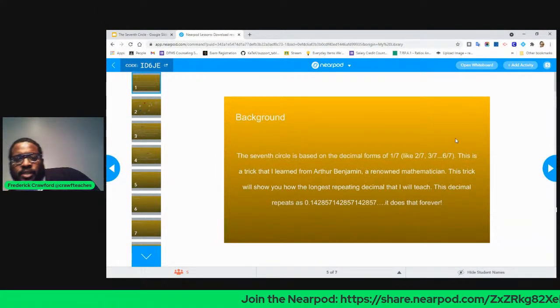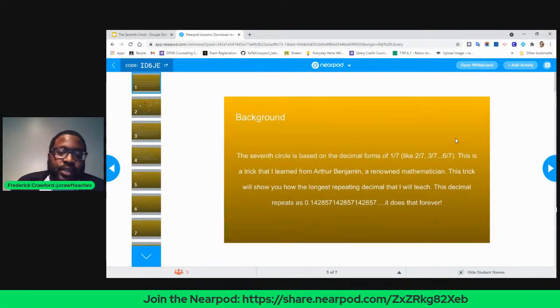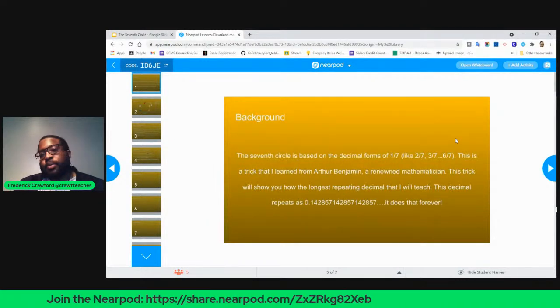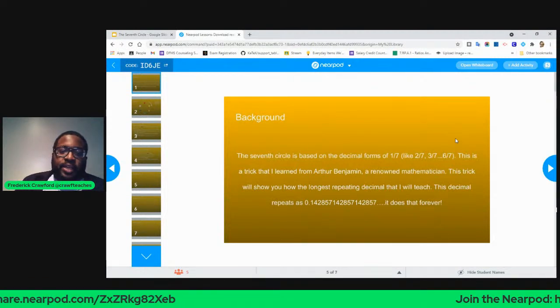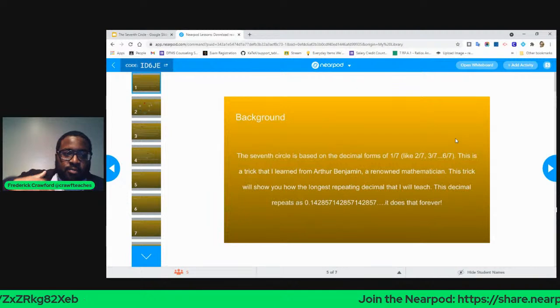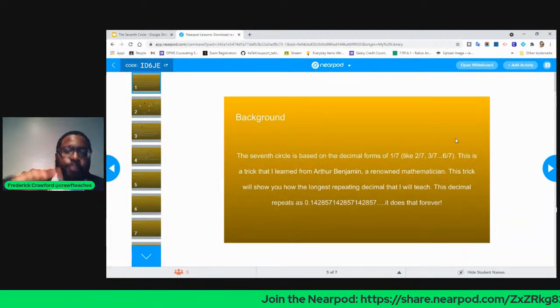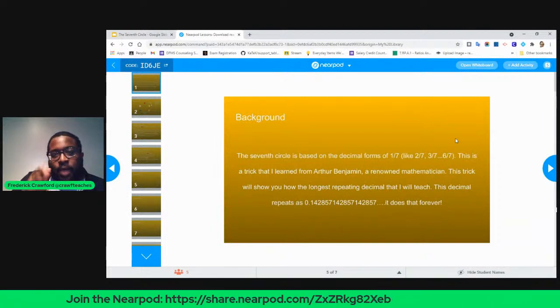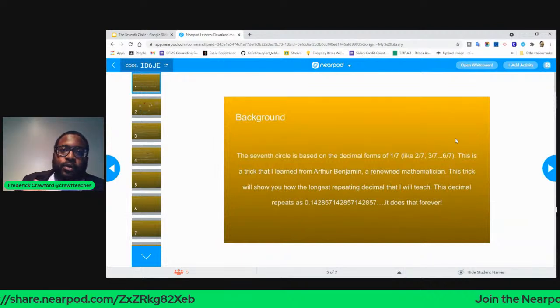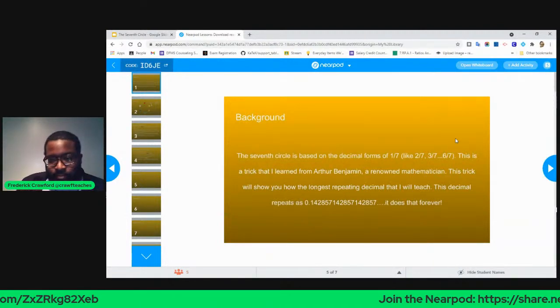Now, with this, I want to focus more so on the lucky number 7. And the reason why the 7 is so lucky is because of the fact that the decimal repeats in a cycle. For instance, we got 1/7. The decimal is going to be 0.142857.